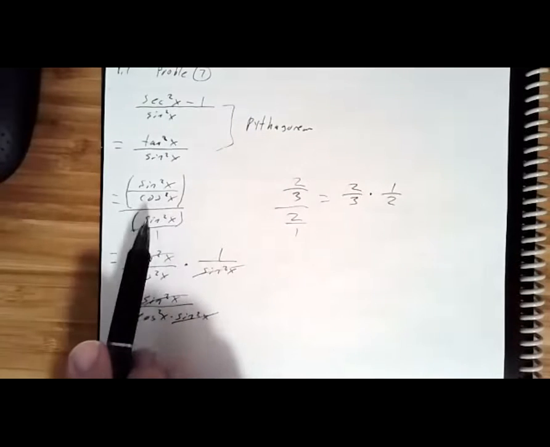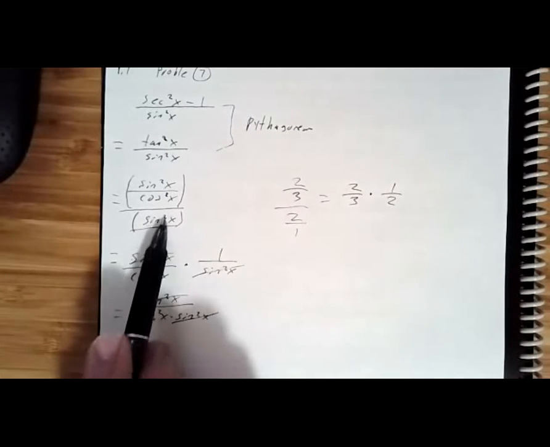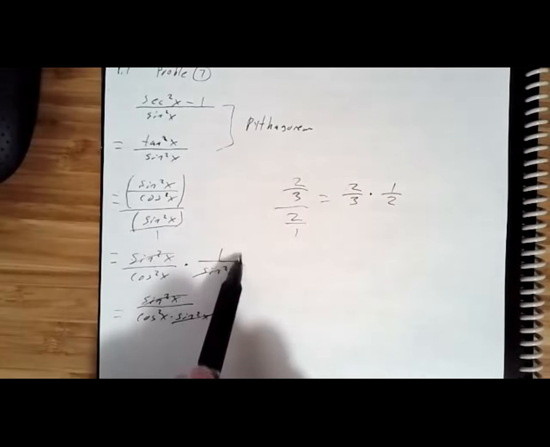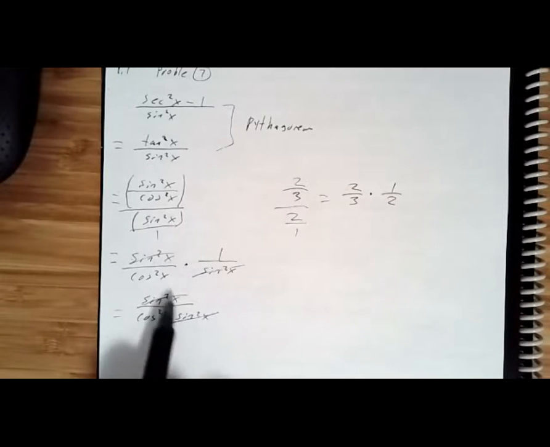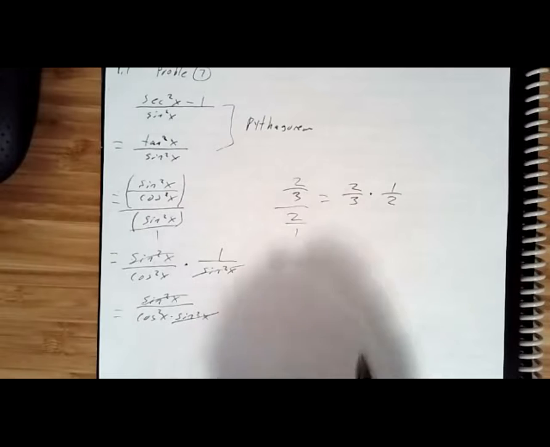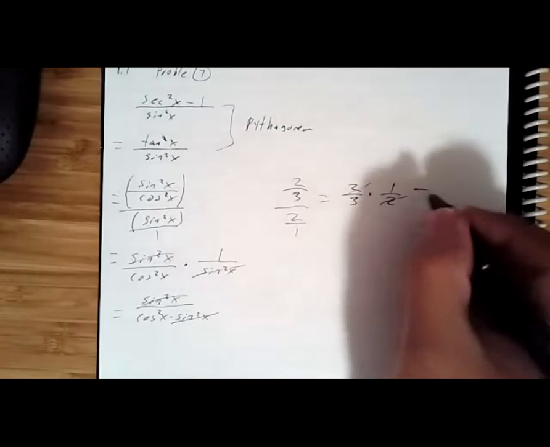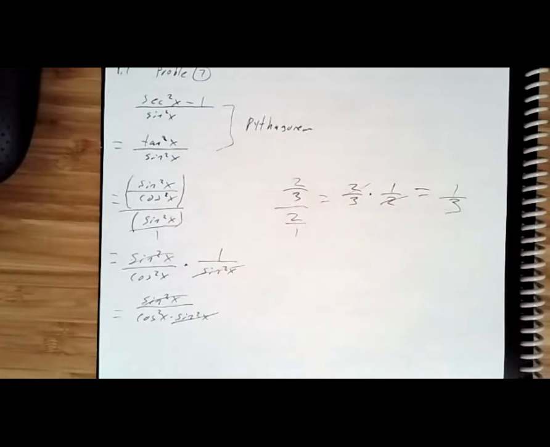So here we're dividing by a fraction, so you can flip it over and multiply and then reduce. So here, these would reduce, right? Does that make sense or no?